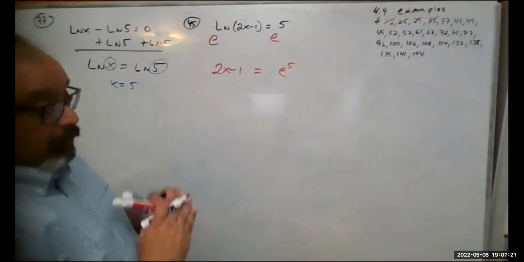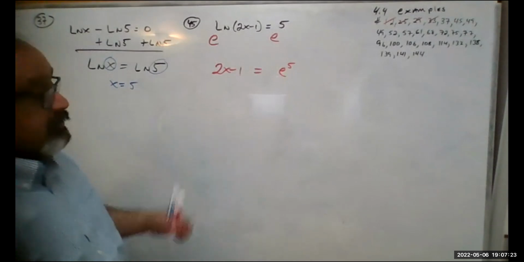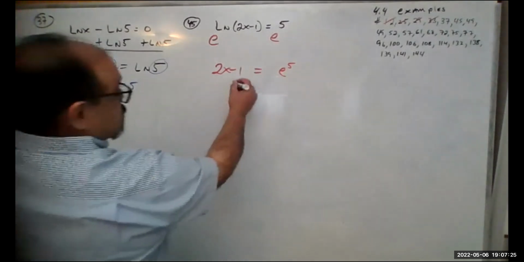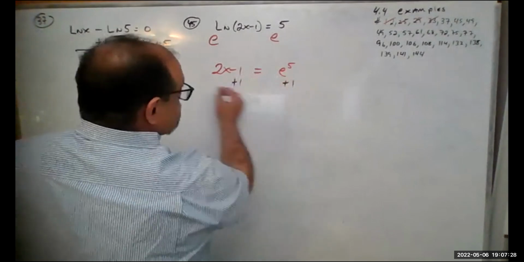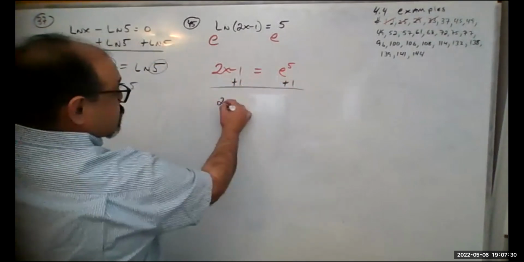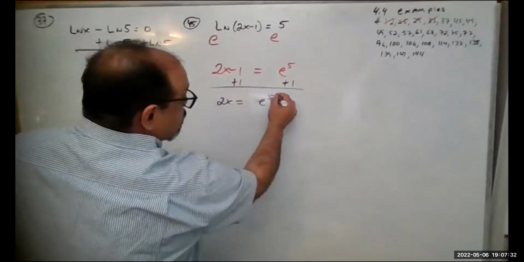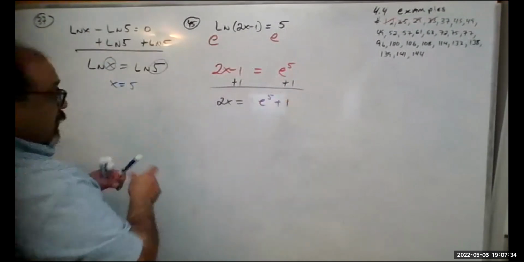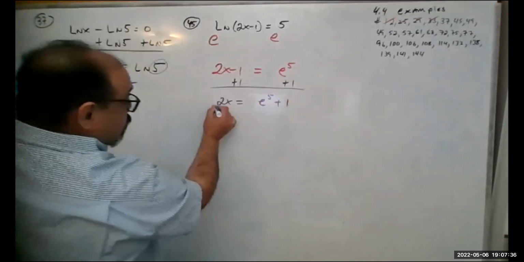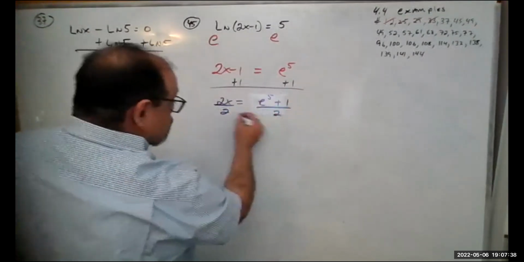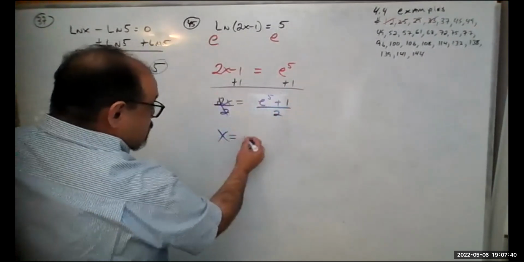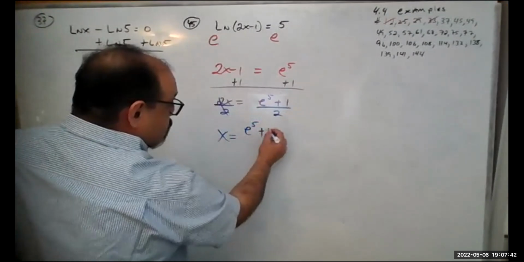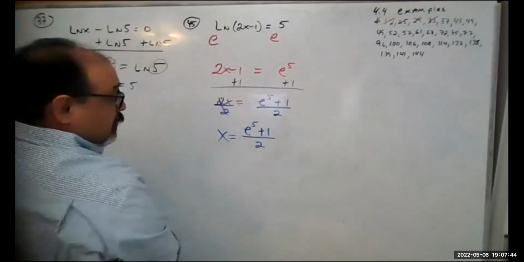So don't go punching stuff into a calculator just yet. To solve for x, add 1. So 2 times x is equal to e to the fifth plus 1. Then you can divide both sides by 2, so x is equal to e to the fifth power plus 1, all over 2.